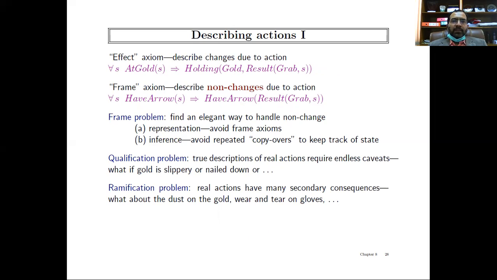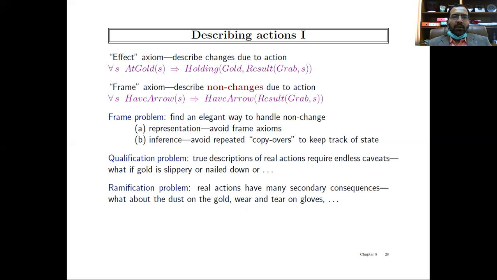The effect axiom describes changes due to action. For example, for all s, AtGold(s) implies HoldingGold(Result(Grab, s)). So let's suppose the holding will be true if you are at gold and you have grabbed the gold.